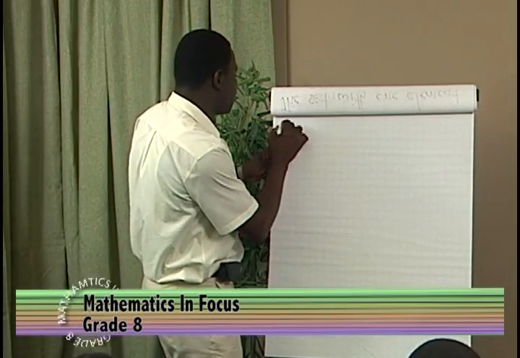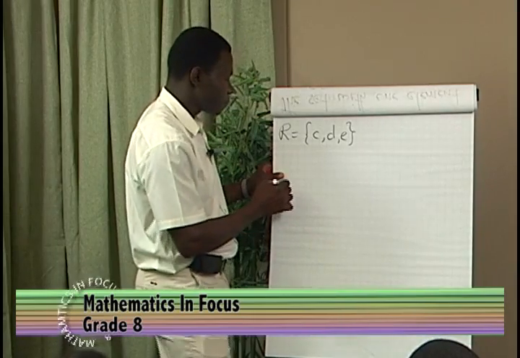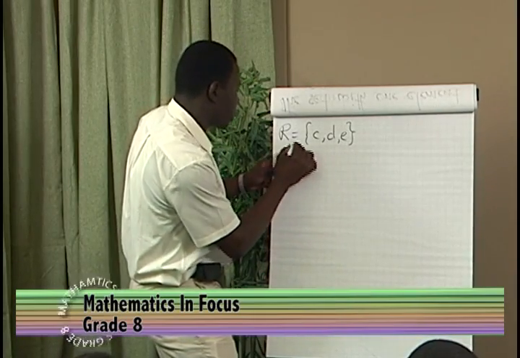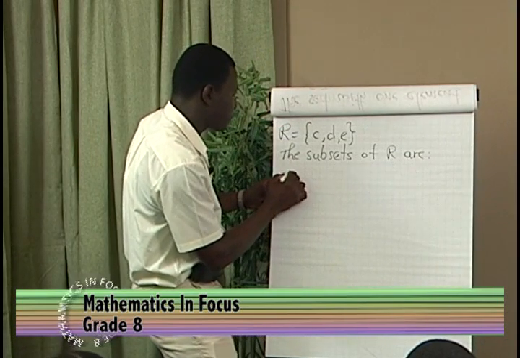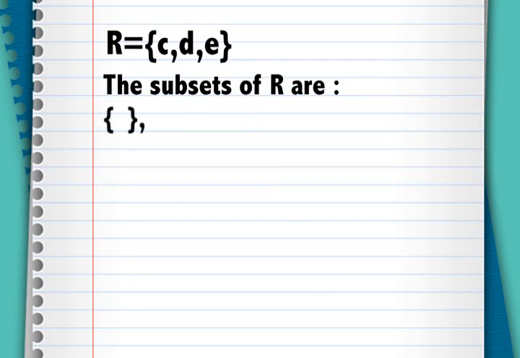So let us generalize. If R is equal to the set {C, D, E}, the subsets of R: the empty set, and then the sets with one element, C, D, E. Then we're going to put them in pairs.